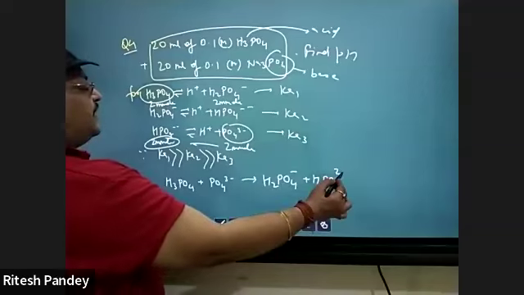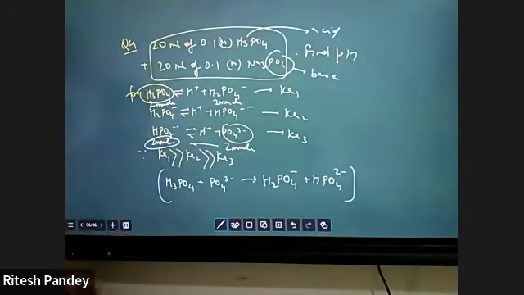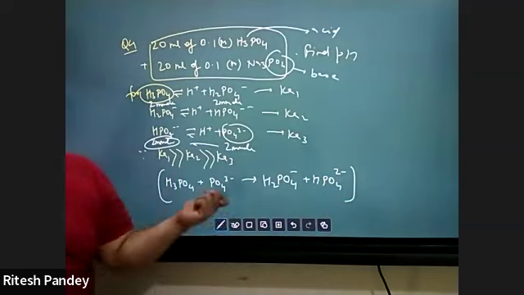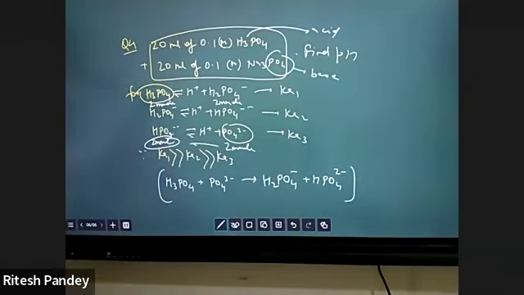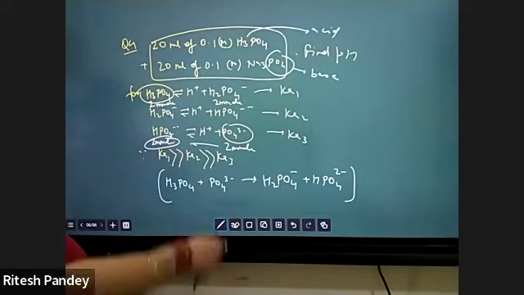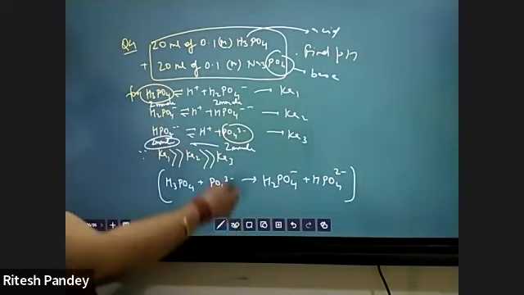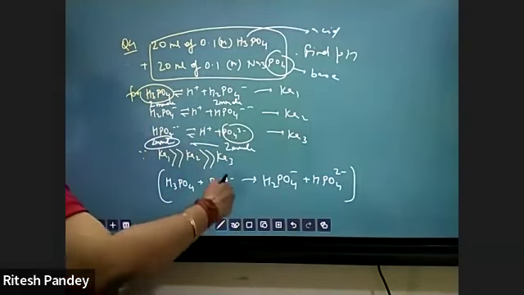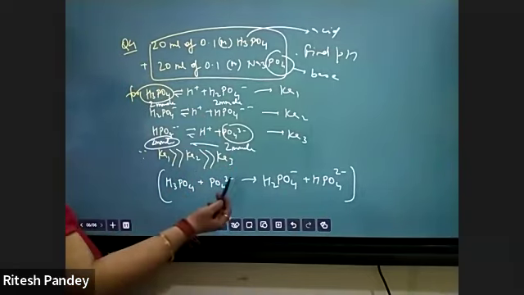Please take your time. When I write it in this form, when I tell you that this is a kind of reaction which can happen between these two, it's pretty natural. When you are imposed a formula, an equation, this is what happens. Phosphoric acid, phosphate, it will lose H plus to become H2PO4 minus.